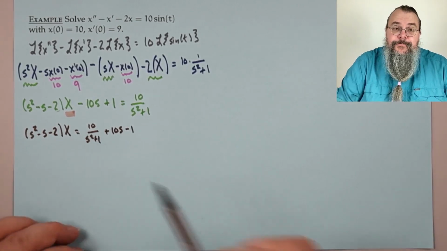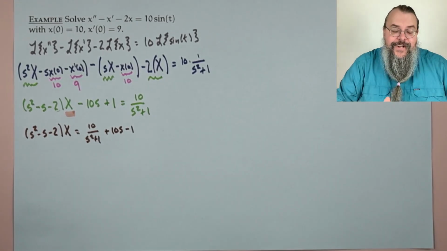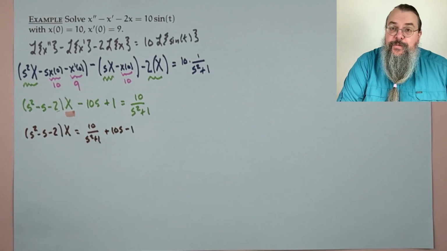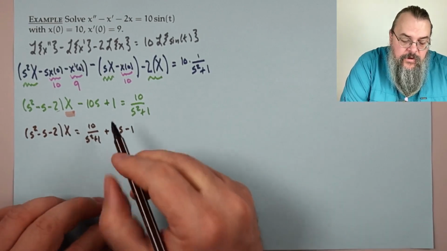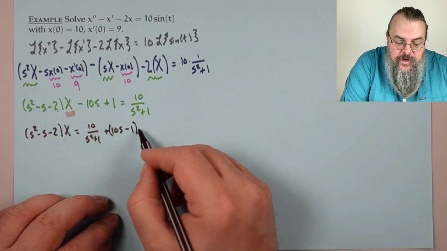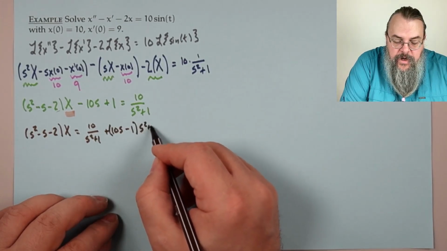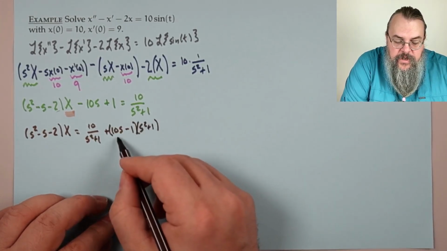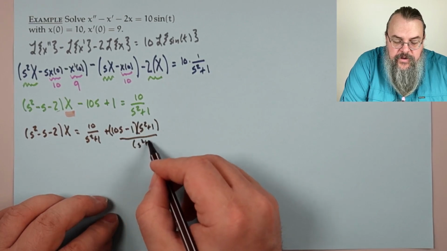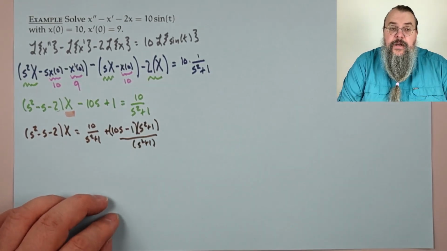Let's actually put it all together. So I want to make everything over s squared plus 1. So I'm going to take this 10s minus 1 and multiply top and bottom by s squared plus 1 over s squared plus 1. Okay, great.